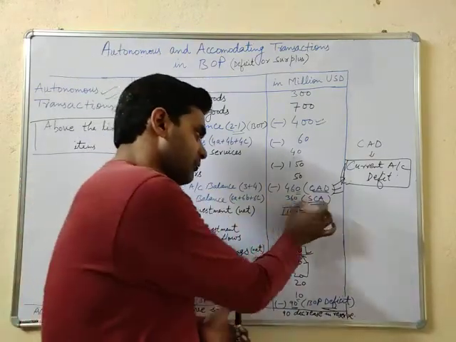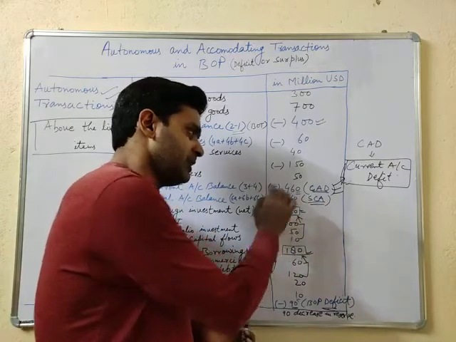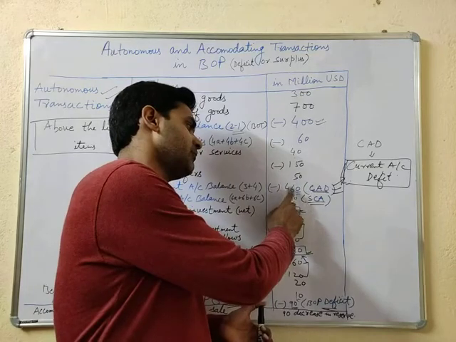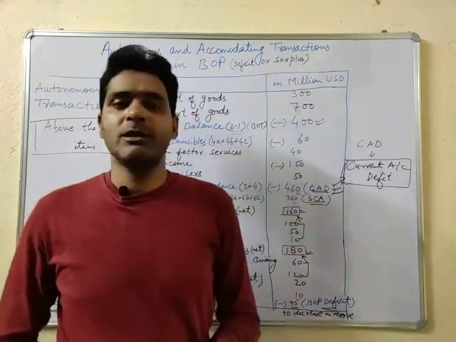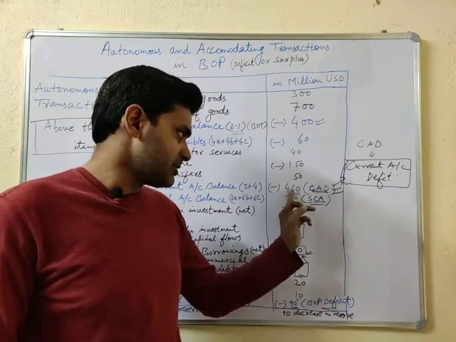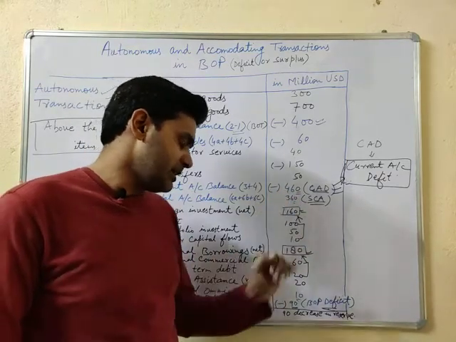The capital account was in surplus by 360 and the current account was in deficit by 460 million US dollars. So we deduct this 360 from 460 and 100 was there.